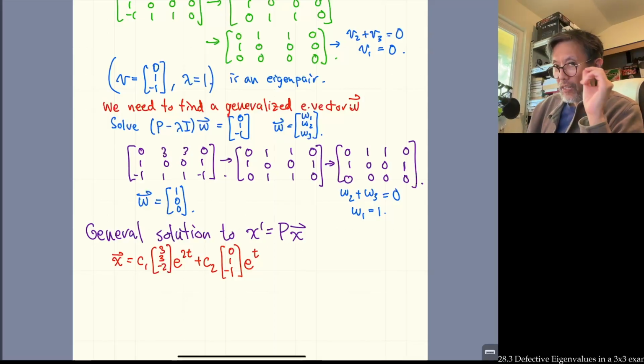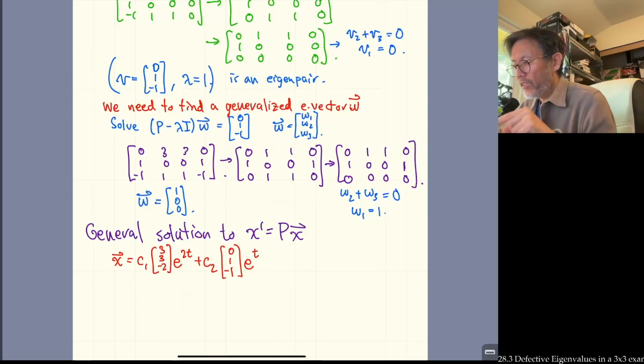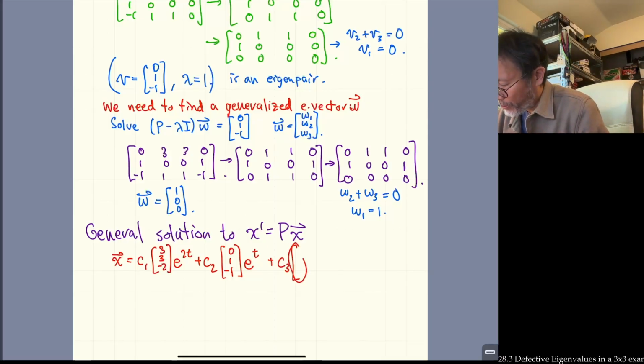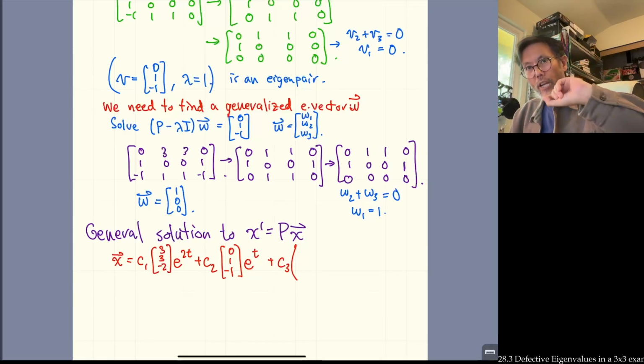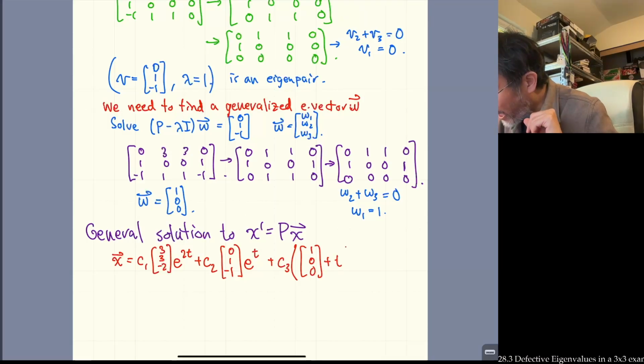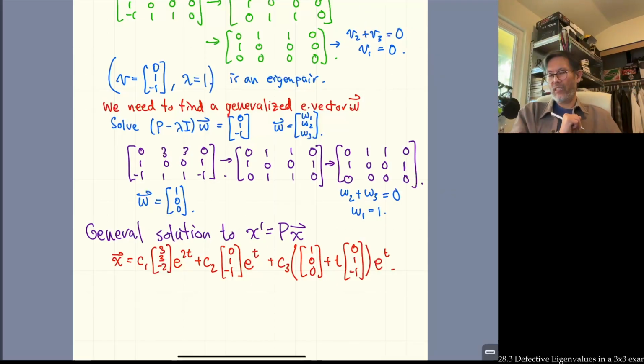And then finally, I have the solution arising from my generalized eigenvector. I should put parentheses: it's my generalized eigenvector, 1, 0, 0, plus t times the eigenvector, which is 0, 1, negative 1, times e to the t. There it is.